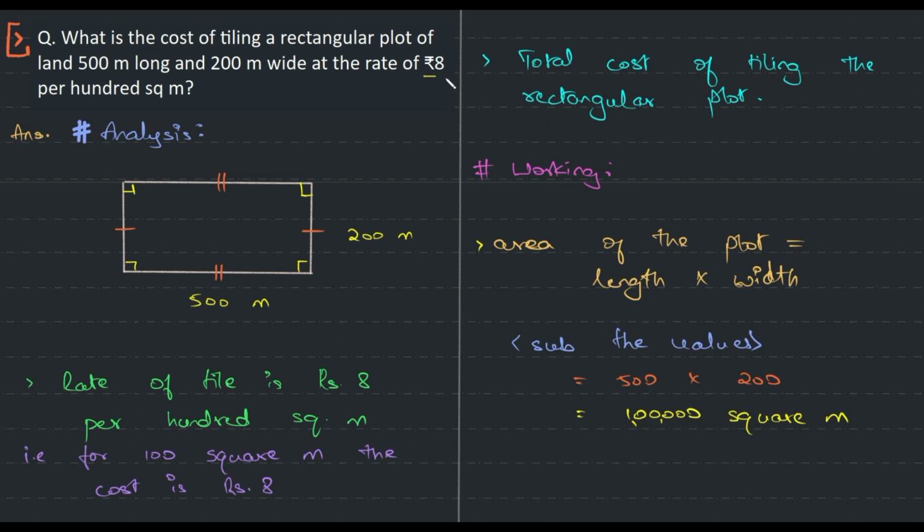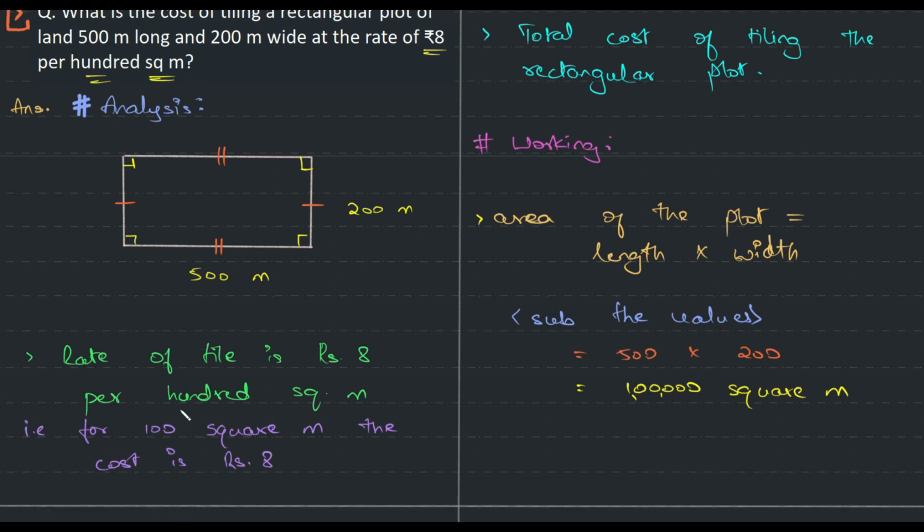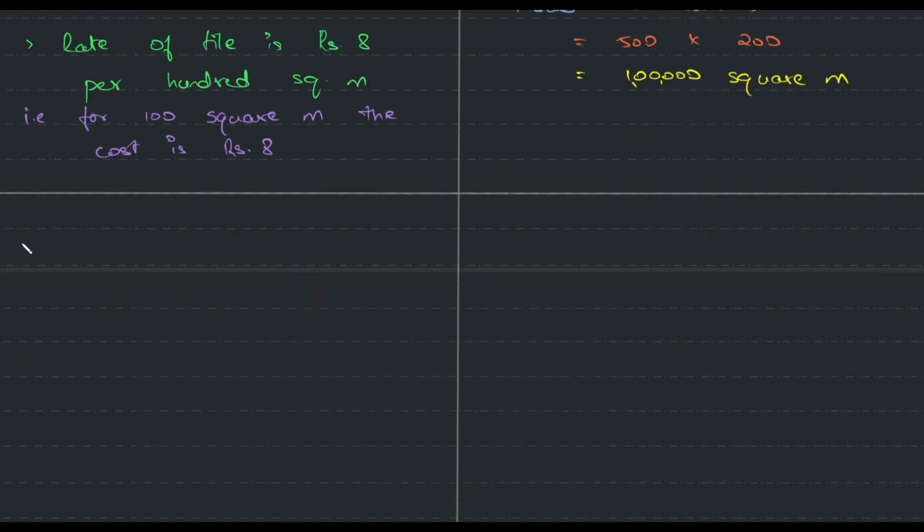Reason being, they are given for every 100 square meter, it is costing us 8 rupees. So it's like this. We need to figure out how many 100 square meter areas make up 1 lakh square meter.